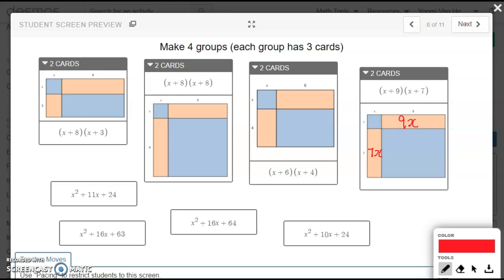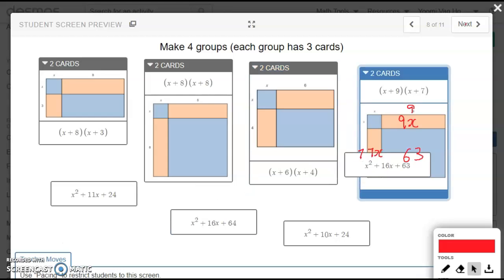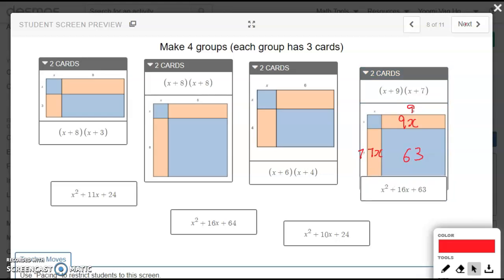So I want 16x, but what about the last term? This is 9 and 7, so 9 times 7 is 63. Okay, so I am looking for 16x and 63, so here we go. So I bring that over here. Okay, then what about this?